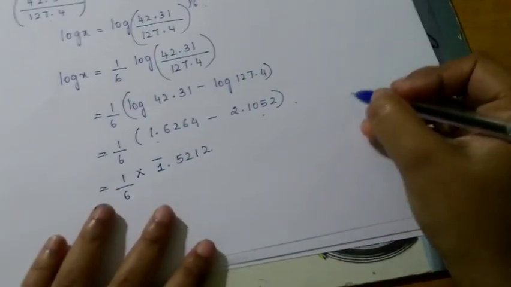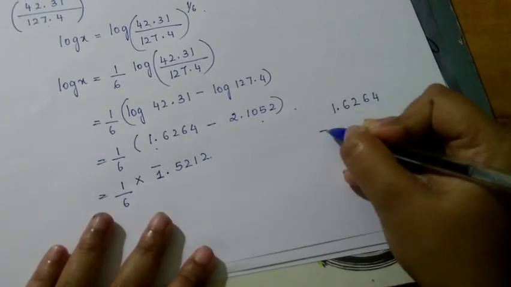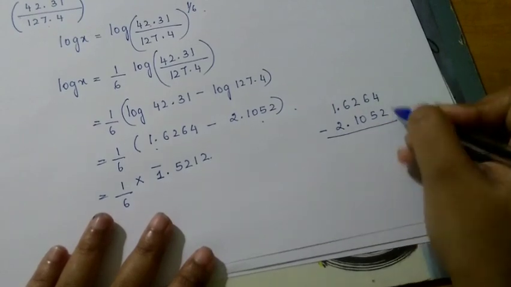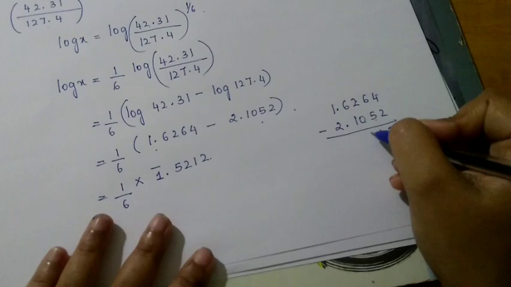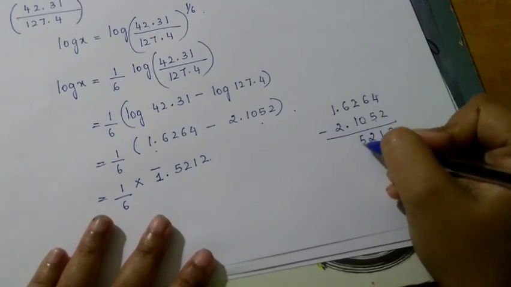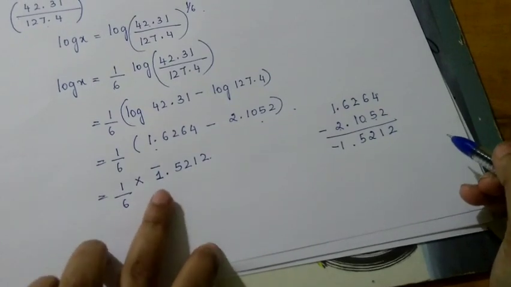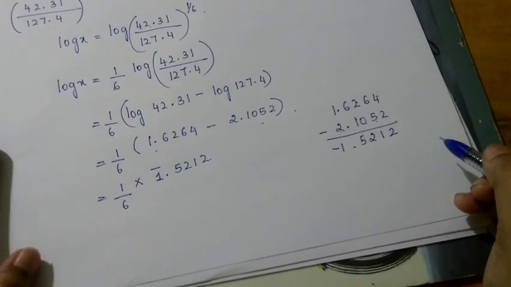Correct? So subtract it and see: 1.6264 minus 2.1052. 4 minus 2 is 2, 6 minus 5 is 1, 2 minus 0 is 2, 6 minus 1 is 5. Okay, 1 minus 2 is minus 1. So it comes out to be 1 bar 0.5212. Till here you all might have solved.